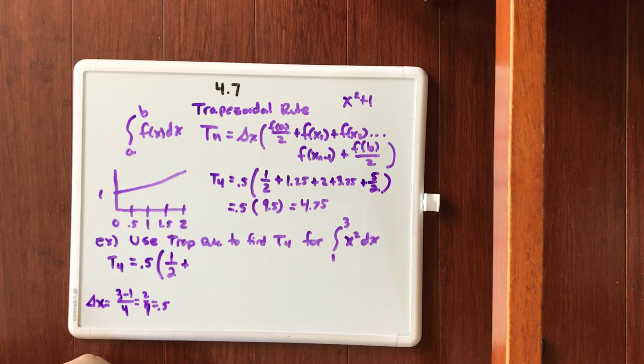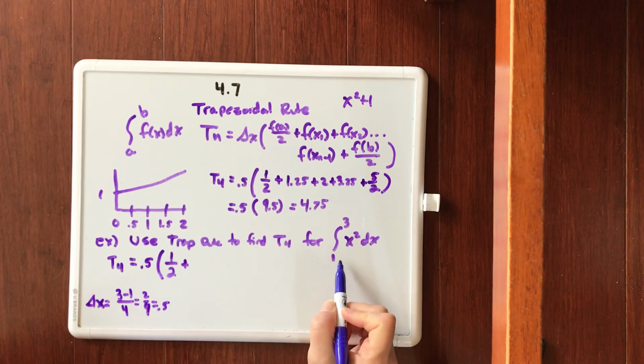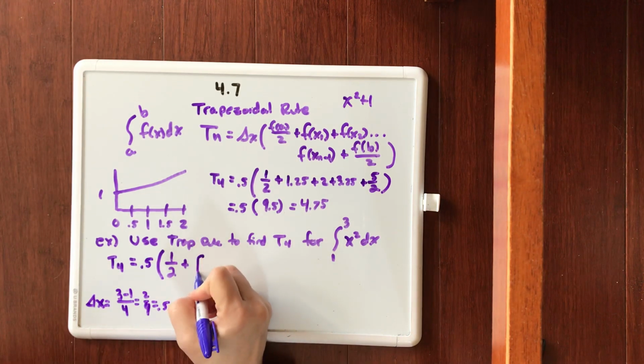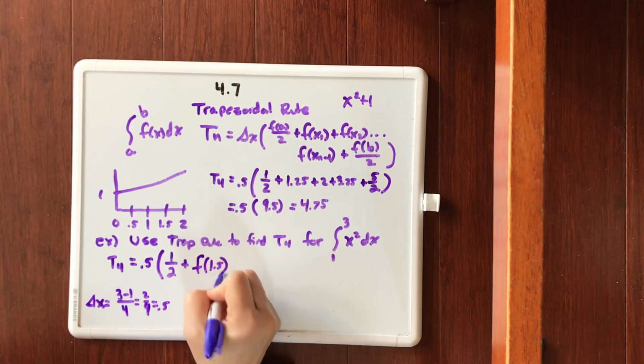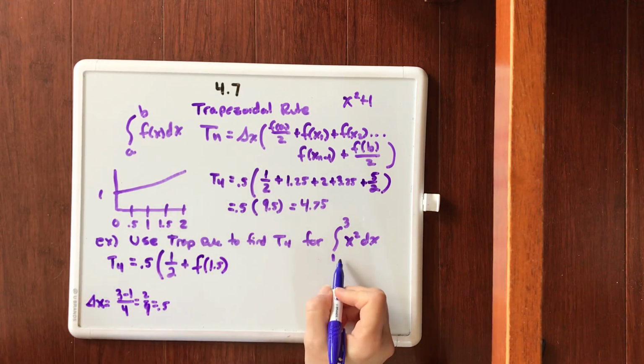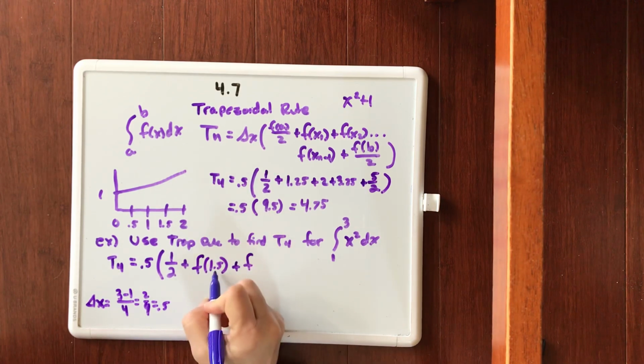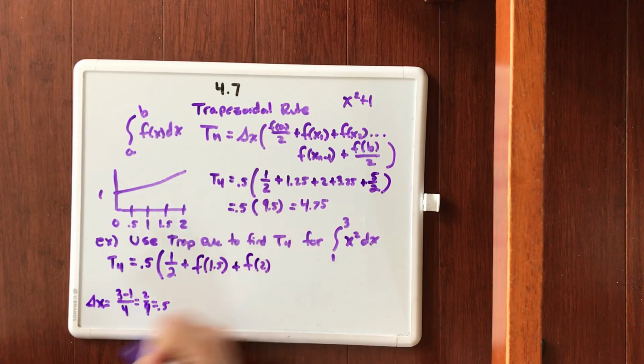Now what's our next one? Well, we're dealing with delta x of 0.5, so we're going to add 0.5 to 1. So we're looking at f of 1.5. All right, so we add 0.5 to there. Now to get to our next one, we're going to add 0.5 to this, and we'll get 2.